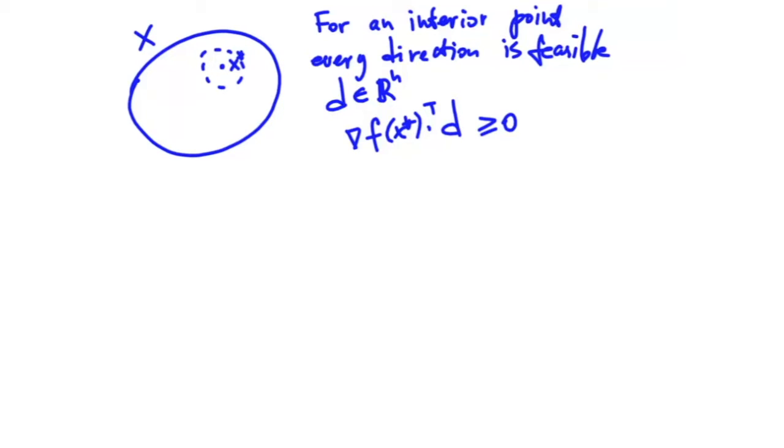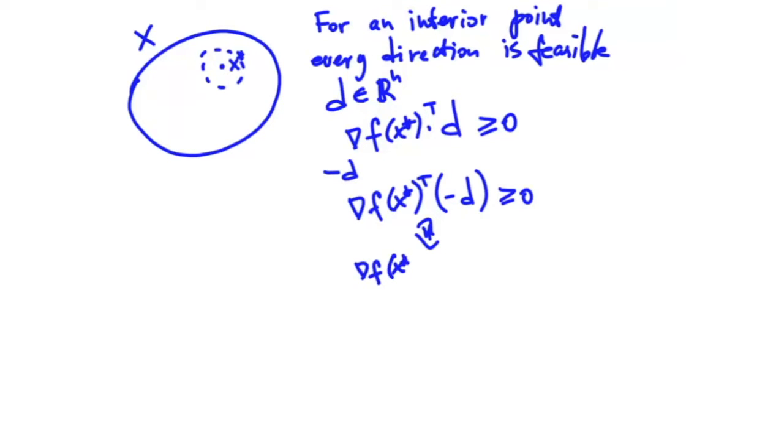So now, because every direction is feasible, I can write the same condition for the direction minus d. If I use minus d instead of d, then I'll have the gradient of f at x star transpose times minus d is greater than or equal to 0, which is the same as saying that the gradient of f at x star transpose times d is less than or equal to 0.